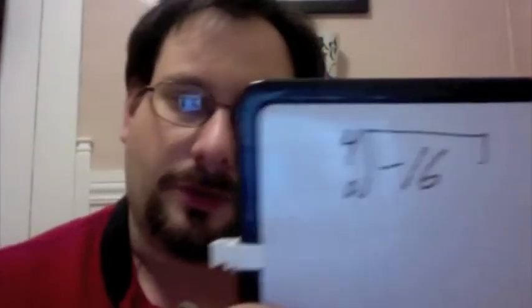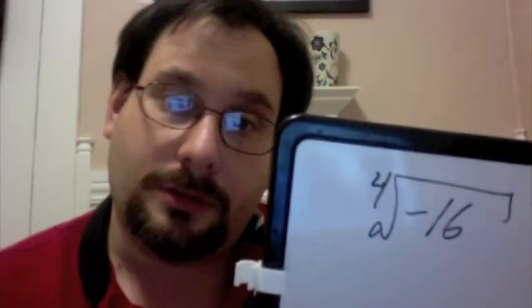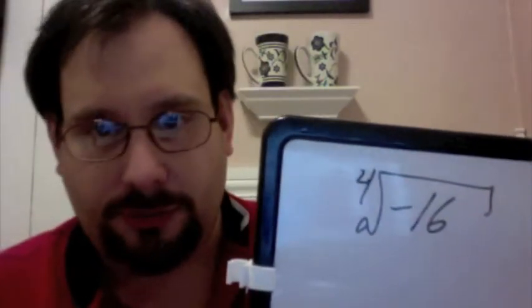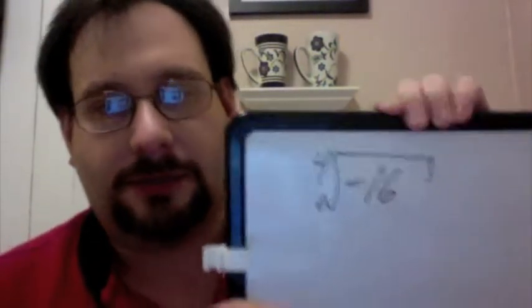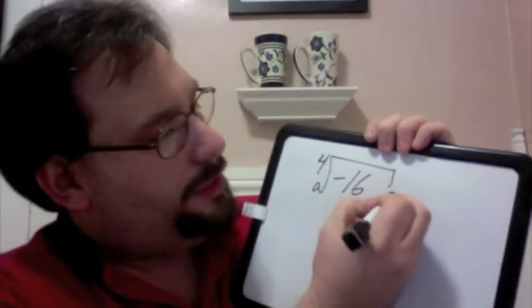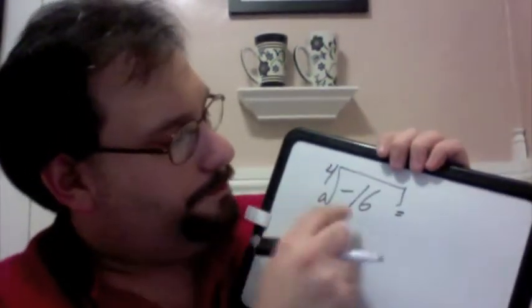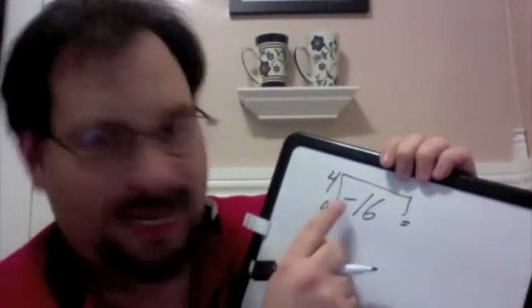So if you even have, let's say, a fourth root of negative, and let's pick a number here, negative 16. Try and pick a number that works out nice. Now we did cube root of 8, which is 2. 2 times 8 is 16, so the answer should be 2 here, but we have that negative.